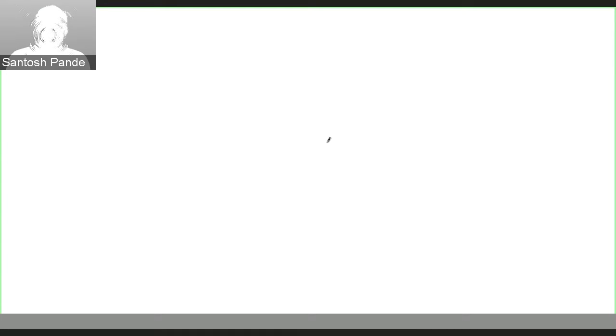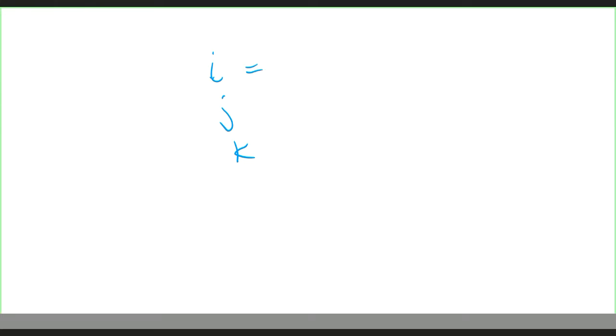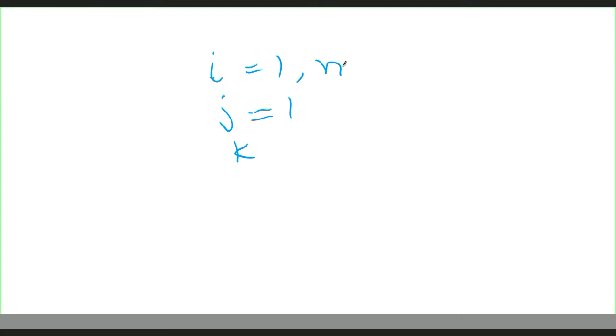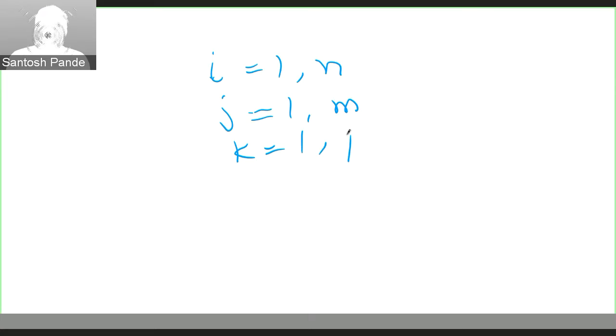So we have, let's say, different loops here, I, j, k, and they are all normalized. Let's assume 1 to n, 1 to m, and 1 to p. Now you can see that there could be two iteration vectors here.